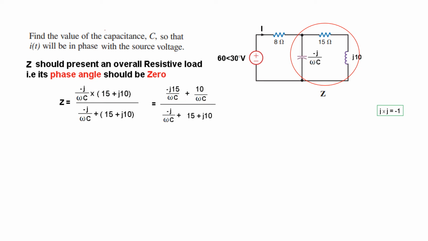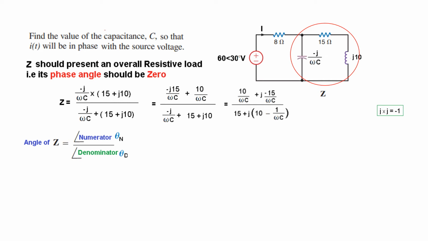Simplifying and collecting the terms, the real and then imaginary. Also a point just to note for those who don't know, the J multiplied by J is actually equal to minus 1. So J multiplied by this J will make minus, and then with this minus sign it will become plus.